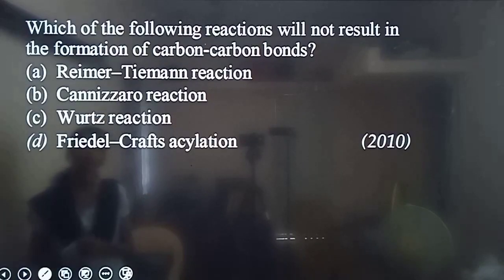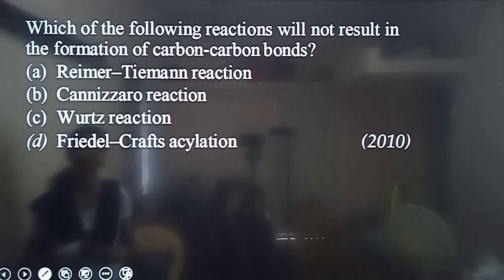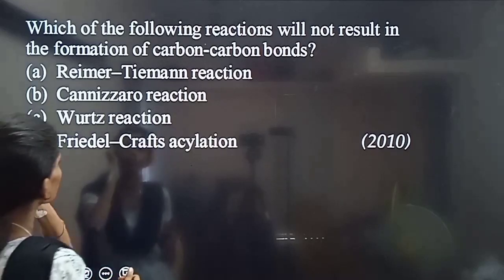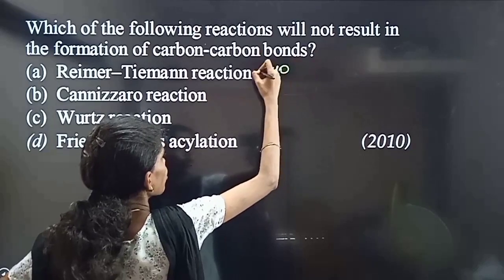Which of the following reactions will not result in the formation of a carbon-carbon double bond? Okay, so Reimer-Tiemann CHO will be formed.